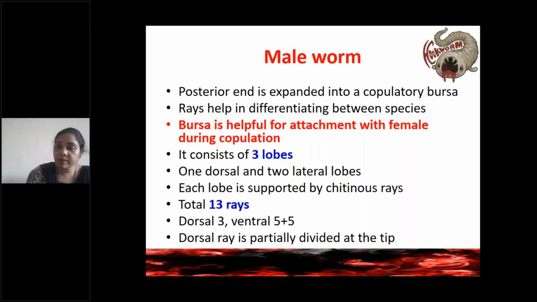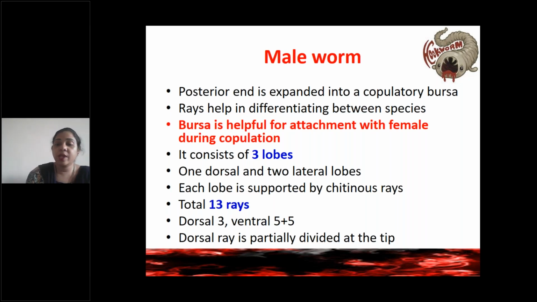In the male hookworm, the posterior end is expanded into a copulatory bursa, which is useful to attach with female during copulation. It consists of 3 lobes, 1 dorsal and 2 lateral. Dorsal consists of 3 rays, whereas lateral consists of 5 plus 5.